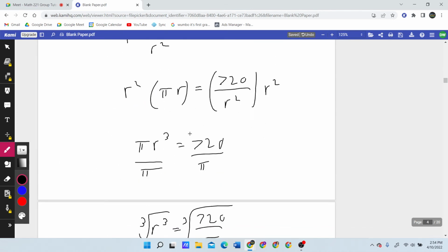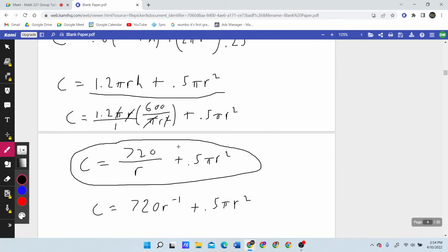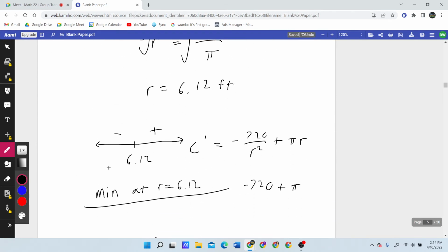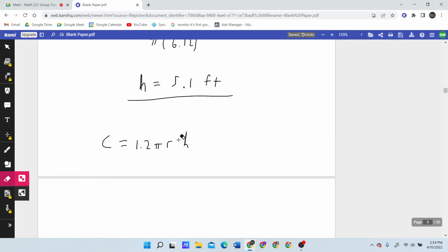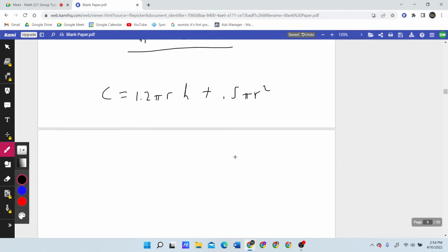So cost equals 1.2 pi rh, plus 0.5 pi r squared. Let me double check that. Okay, yes, this is the correct equation for cost.